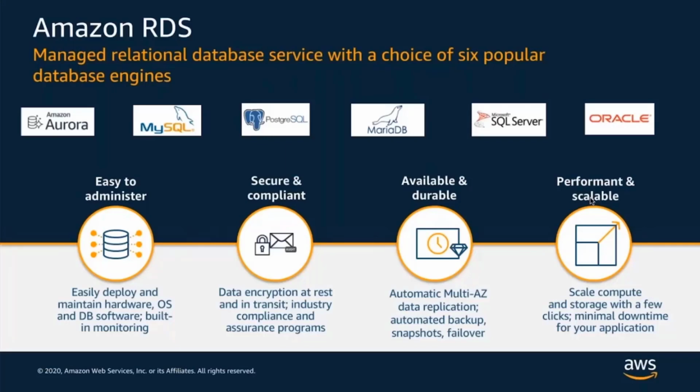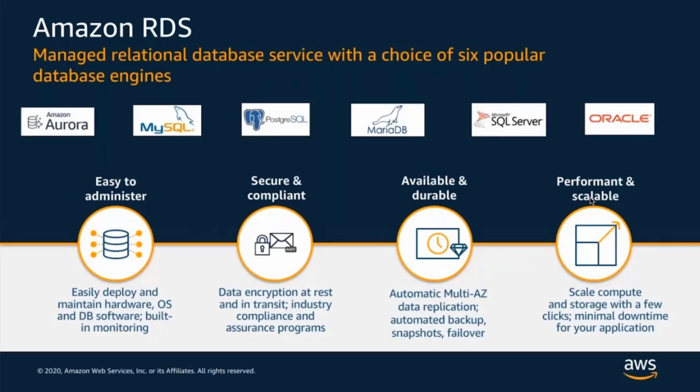RDS automates time-consuming administration tasks such as hardware provisioning, database setup, patching, and backups, while providing cost-efficient and resizable capacity. It frees you to focus on your application so you can give it the fast performance, high availability, security, and compatibility that it needs. RDS is available on several database instance types, optimized for memory, performance, or I/O.